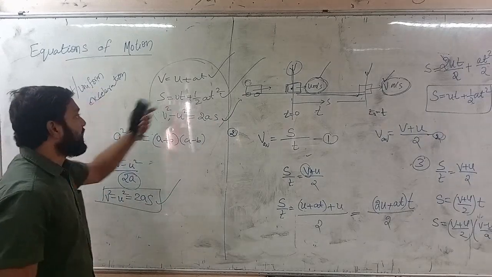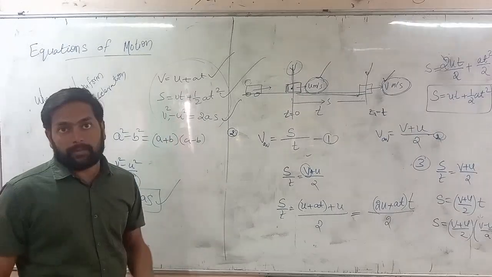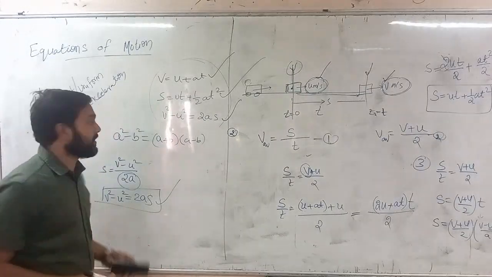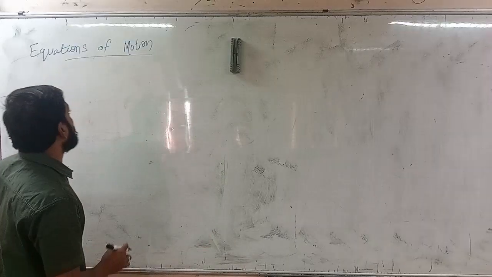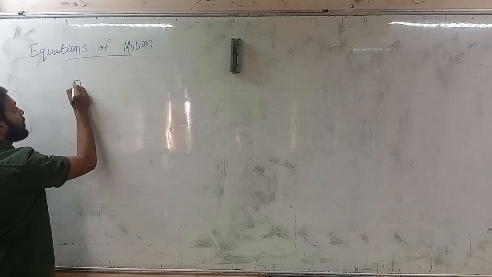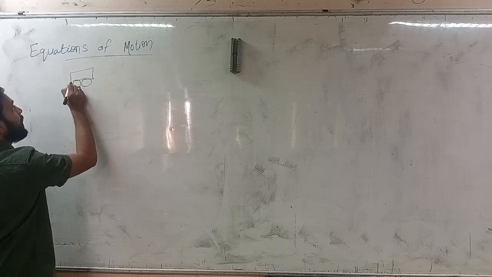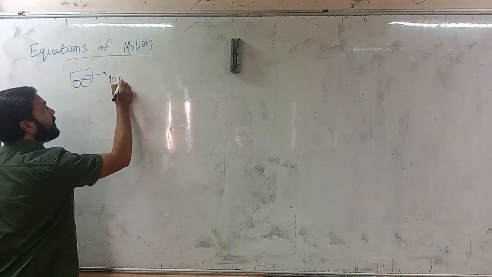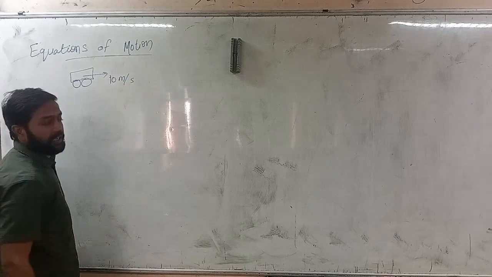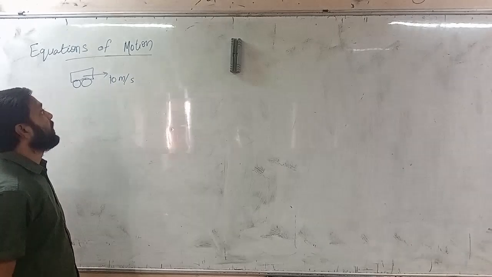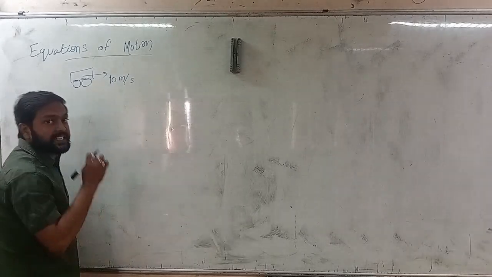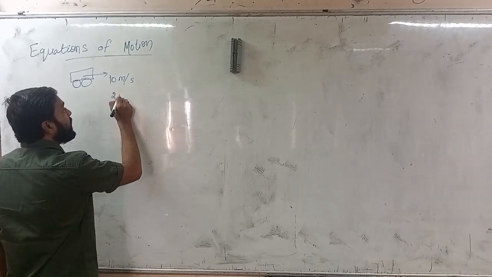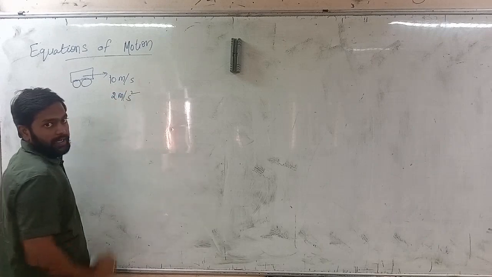Okay, so we will understand this by doing some examples. A car is moving with an initial velocity of 10 meters per second, with a constant acceleration of 2 meters per second square.